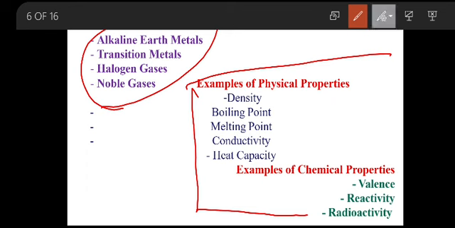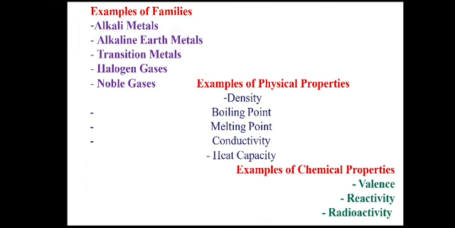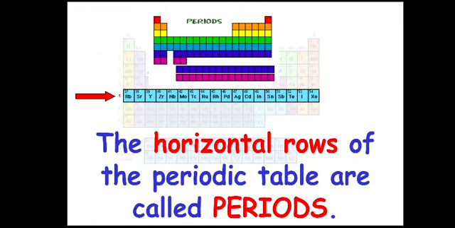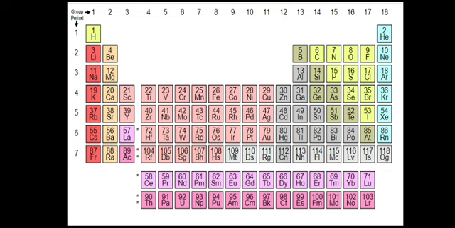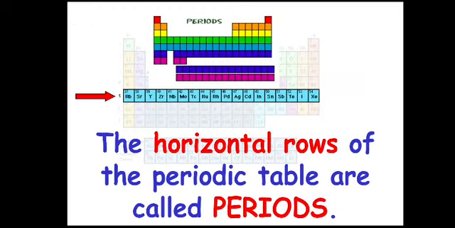All these things you will be learning in detail in your higher grades, my dear children. For the time being, just be clear that your periodic table contains 118 elements, grouped based upon some similarities, and you have 7 rows called periods and 18 columns called groups.